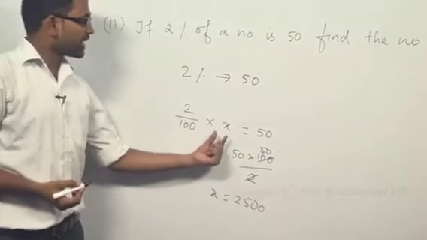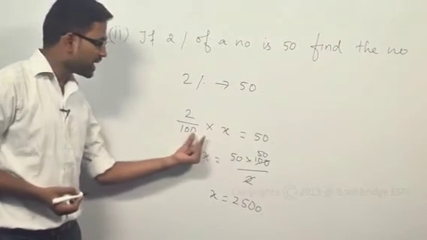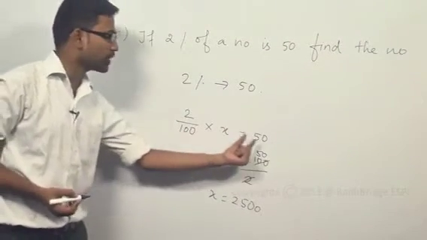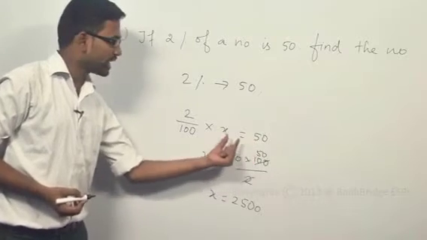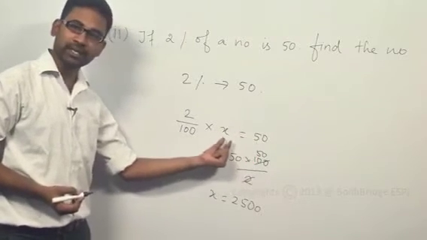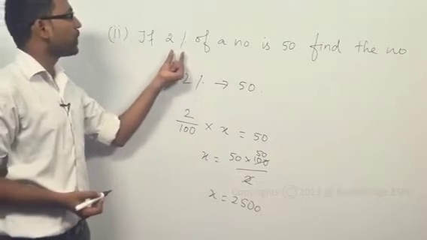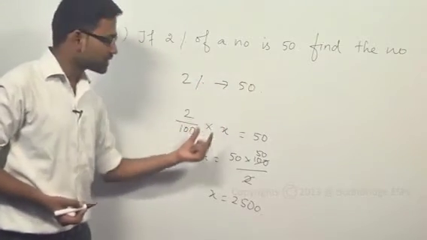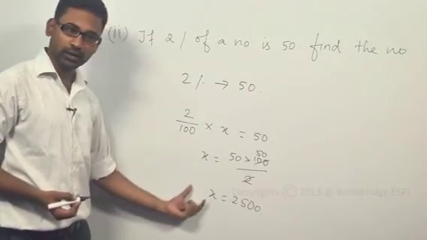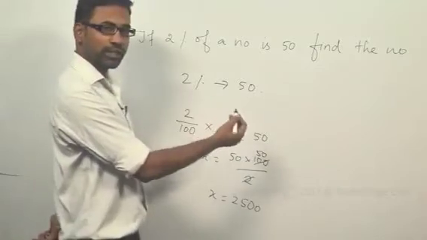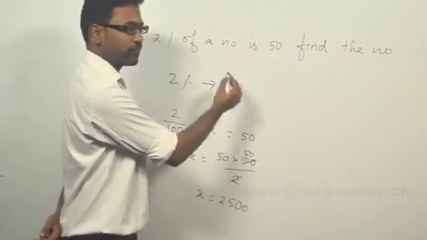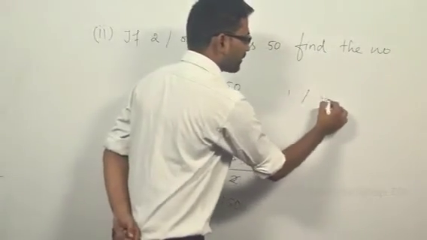In the previous case, we had the number, we took out a certain percentage and got the result. Now they give the result but the number is missing, so we find the number. This is the conventional way of solving the question. The shortcut is: if 2% is 50, dividing by 2 on both sides, 1% is 25.